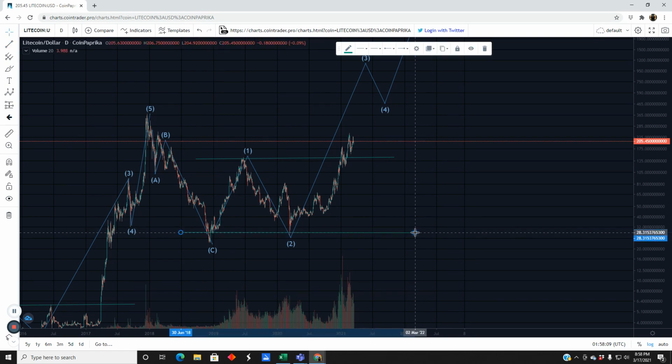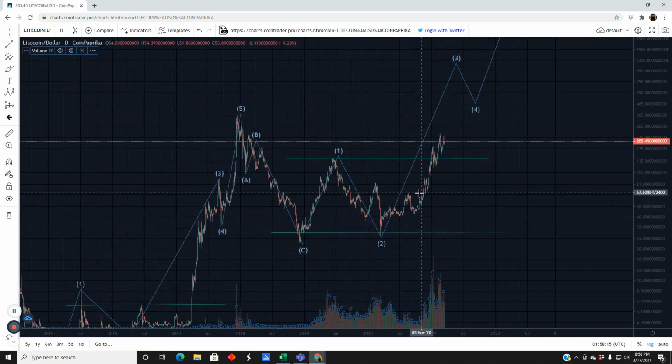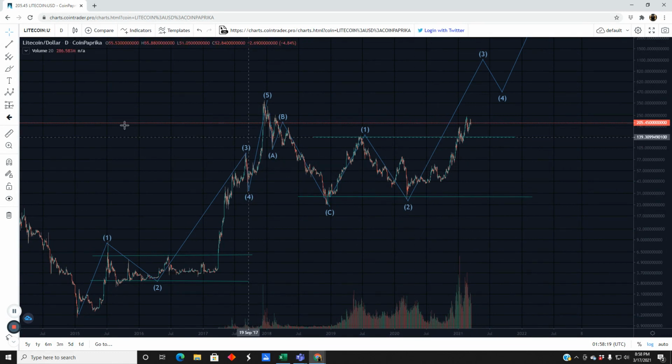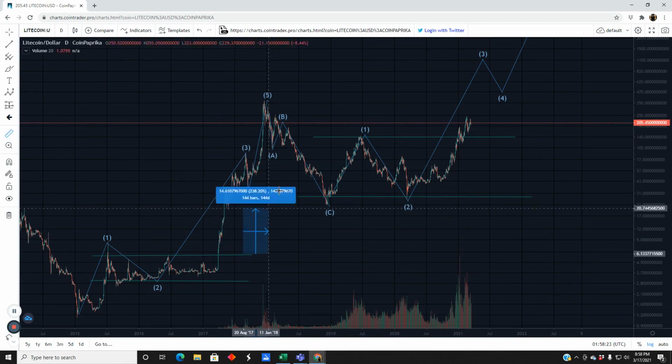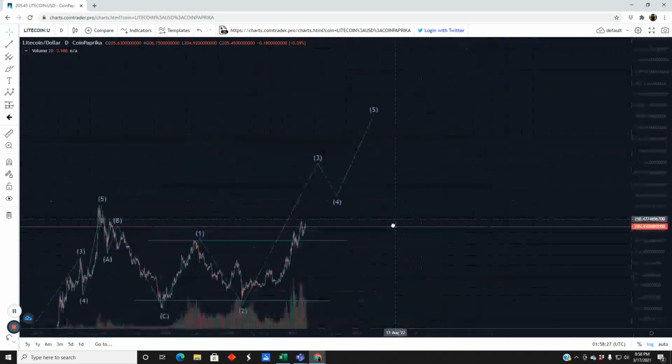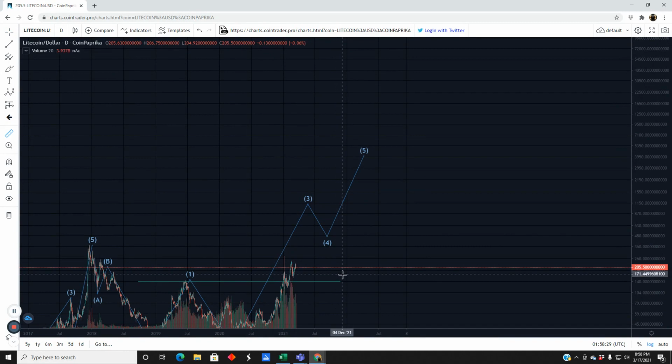This range of accumulation, and then a break, and then a test, and then a break up. So let's see how far this broke and went up. 6,000%.